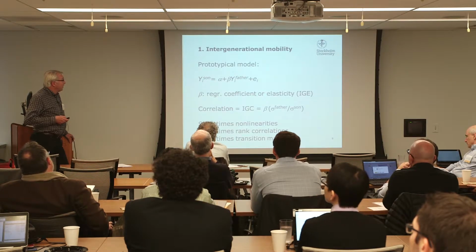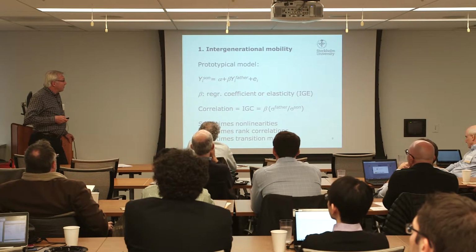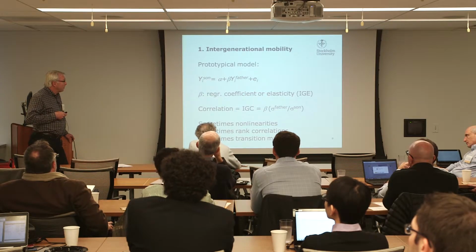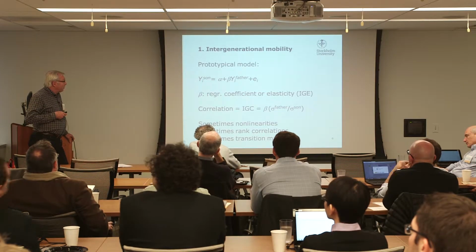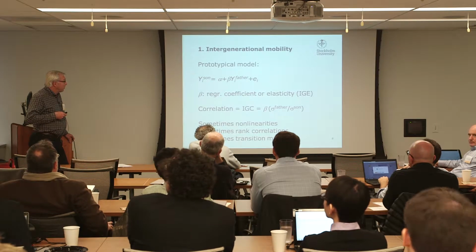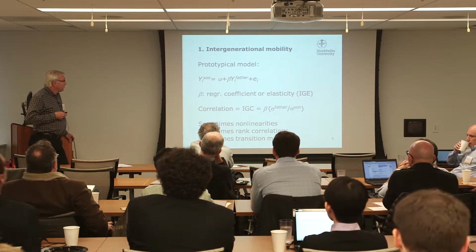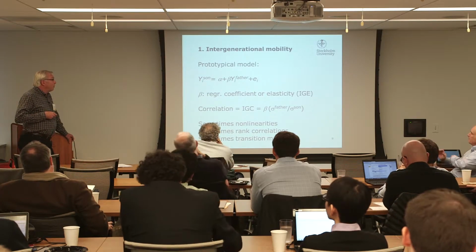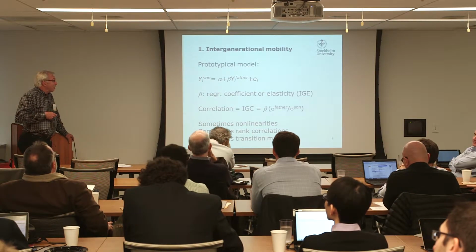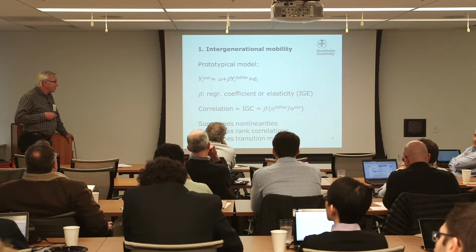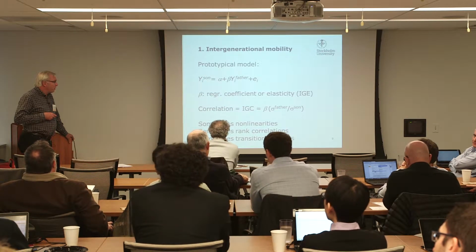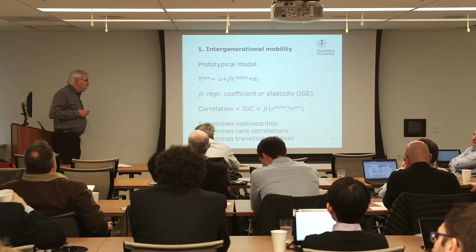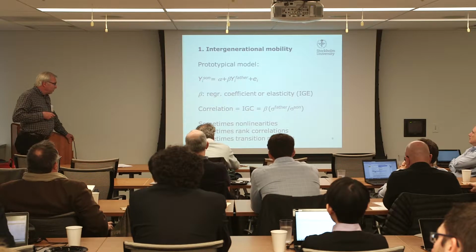a few slides. You know about this prototypical model, and I'm sure we will hear much more about it, that the typical approach is to regress long-run income of sons on long-run income of the fathers, and it's logged, so you get the elasticity and the correlation you get if you adjust for the ratio of the standard deviations.